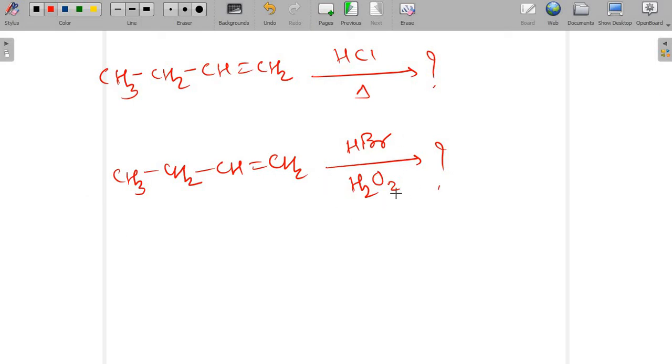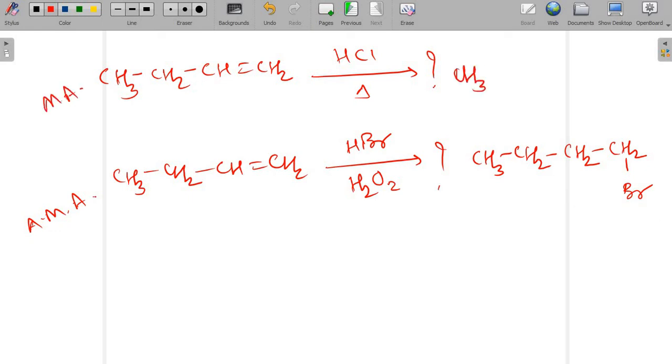As you know, H2O2 is there, so it is anti-Markovnikov's addition. The product formed accordingly is CH3CH2CH2CH2Br, and according to Markovnikov's addition, it is CH3CH2CHClCH3. This is the more substituted and this is the less substituted alkyl halide.